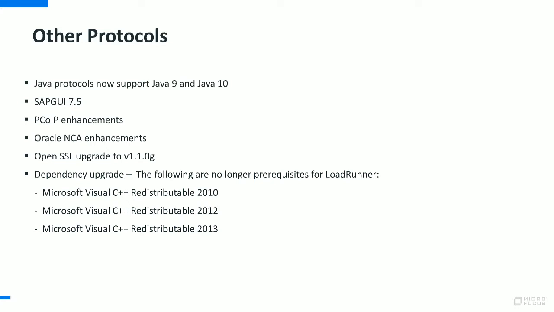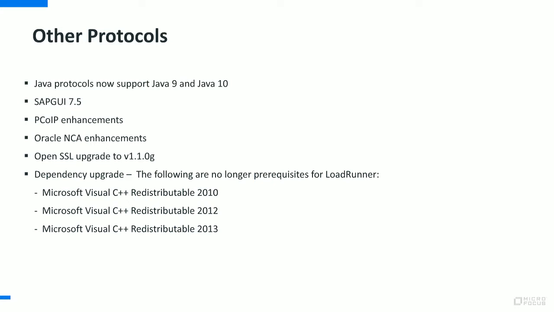We've also upgraded OpenSSL to version 1.1.0g. And if you are at all familiar with the installation of LoadRunner, you no longer have prerequisites for the Microsoft Visual C++ redistributables versions 2010, 2012, and 2013.